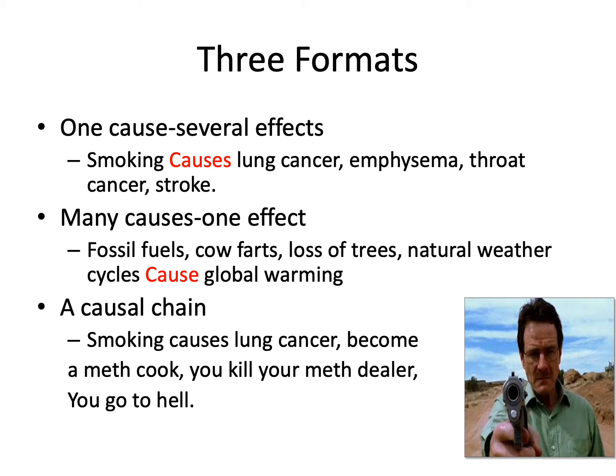You end up killing your meth dealer because he's an insane psychopath, and you go to hell. There's your causal chain. All right, there are all sorts of causal chains. Highly recommend you learn to start seeing them, especially if your life starts falling apart. It could be a causal chain that if you went back, you had a single source, or you would have not done that, you'd been fine.